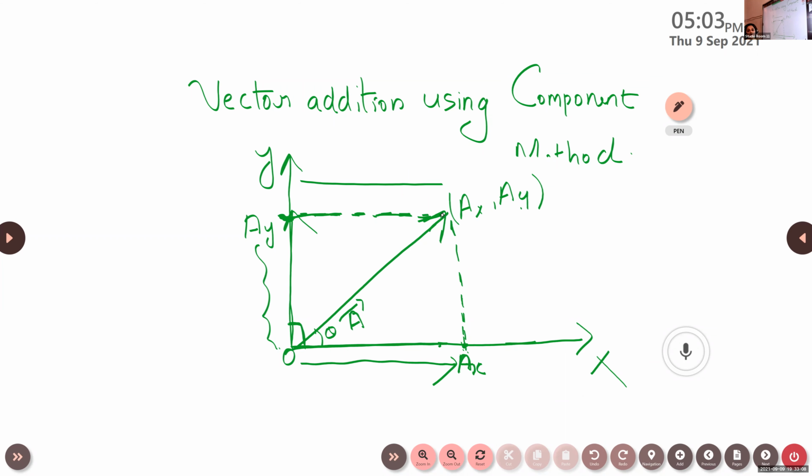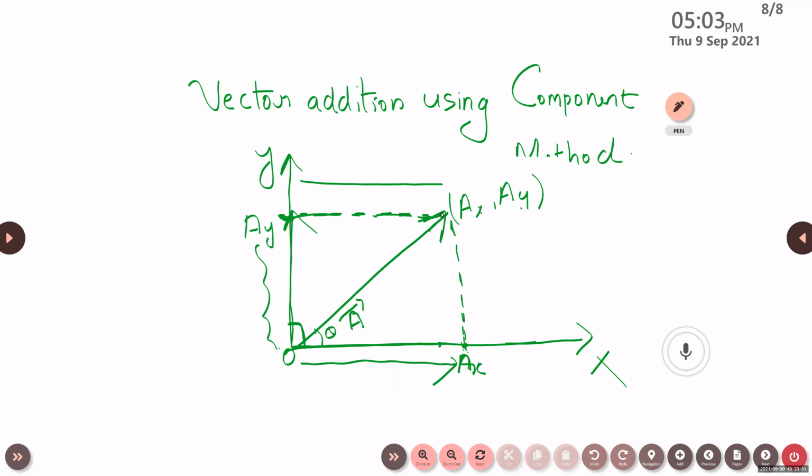Now we are going to recall unit vectors. What do you mean by unit vectors? We have nearly 10 different types of vectors.